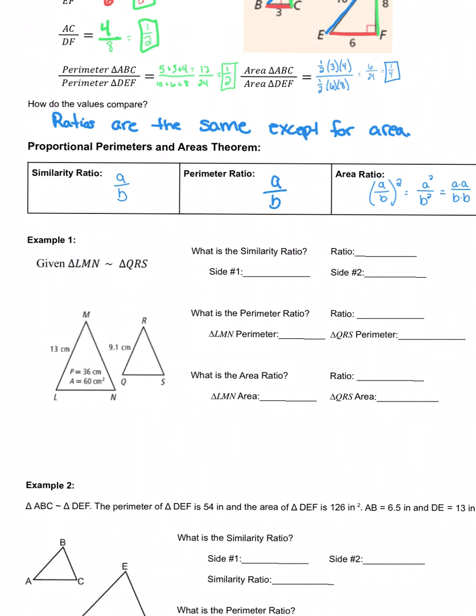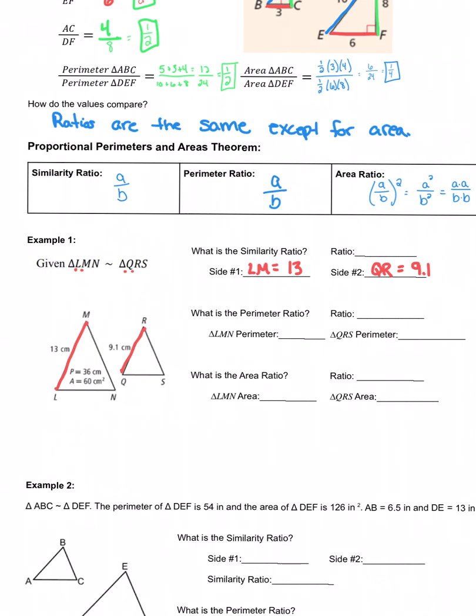I'm going to choose LM to be my side. So LM is 13. And side 2, what is related to LM? Well, LM is my first two letters, so my second two letters are QR. QR is going to be 9.1.